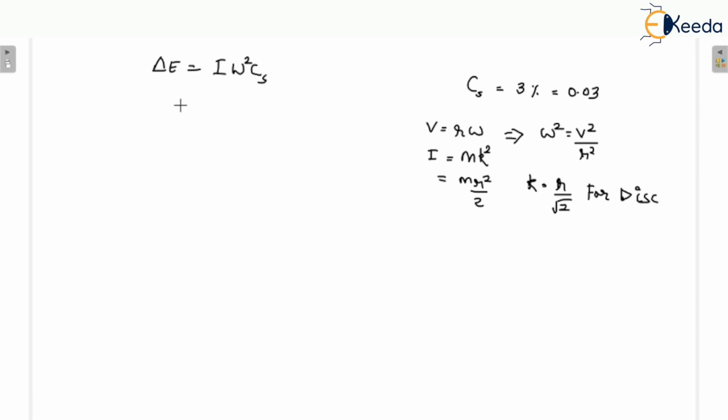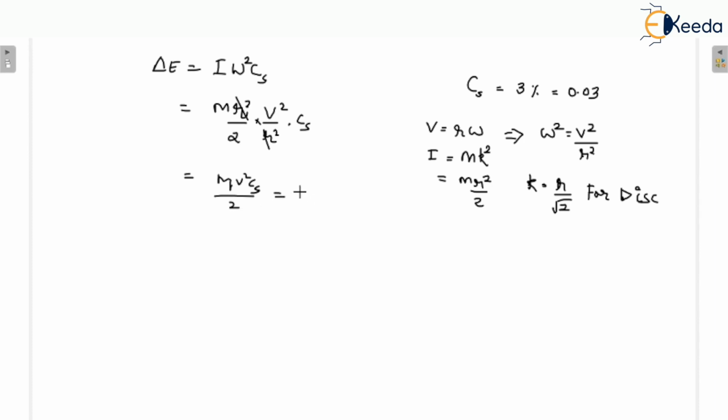Now we just have to put the values in the equation: m R square by 2 multiplied by V square upon R square multiplied by Cs. So R square cancels out, and you get m V square Cs upon 2.